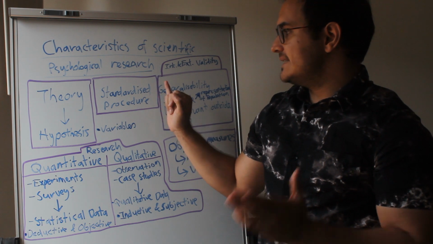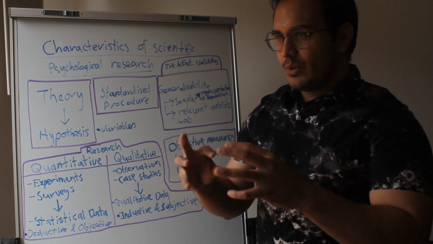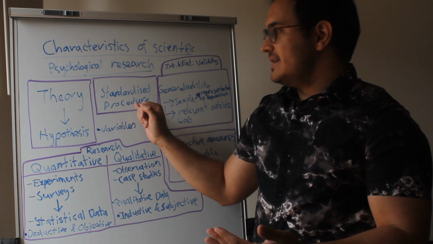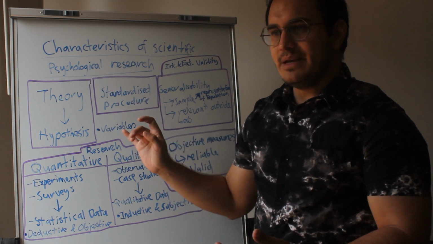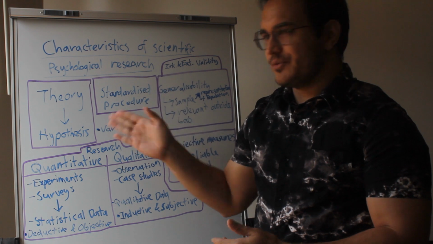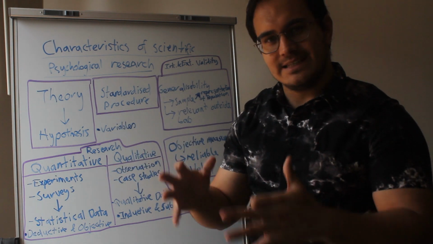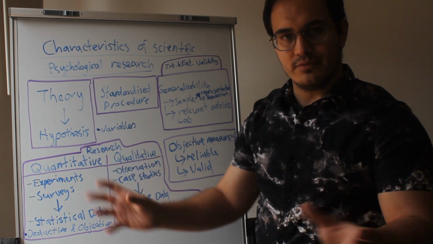We create standardized procedures. If you have a sample of 100 people, there's no use in giving all 100 people a different kind of procedure to go through, because then you're not testing the same thing. It has to be standardized, except if you have a control group.